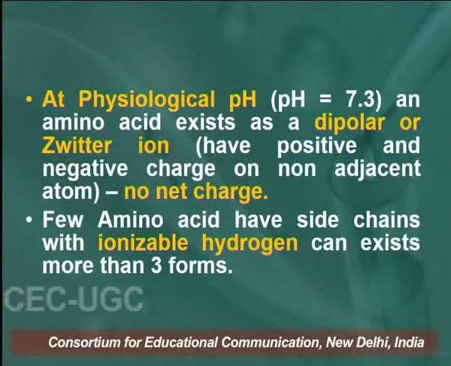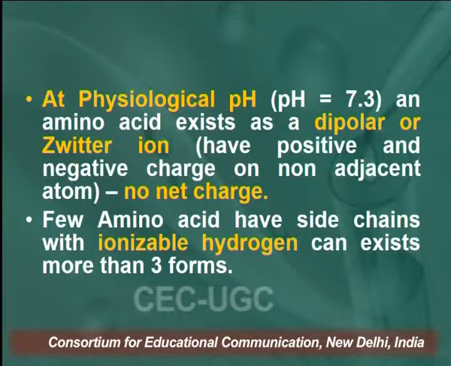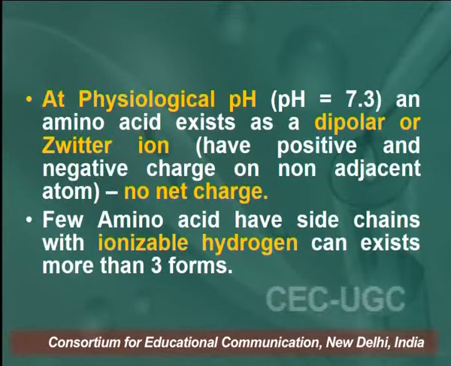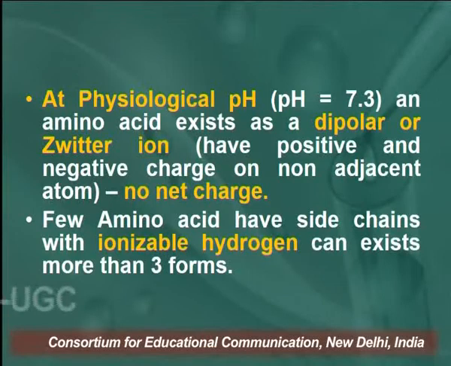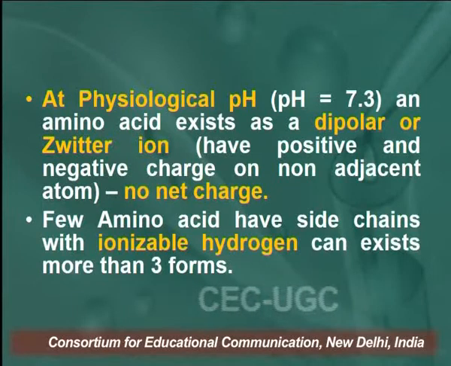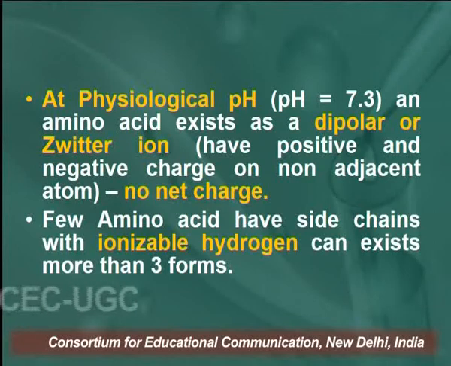So at physiological pH, that is pH 7.3, an amino acid exists as a dipolar or Zwitter ion, having a positive and a negative charge on non-adjacent atoms. It means that there is no net charge.